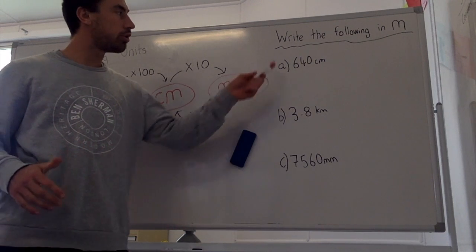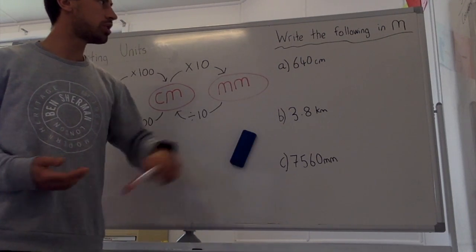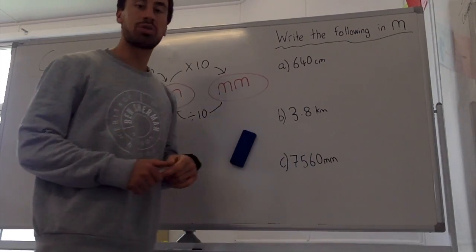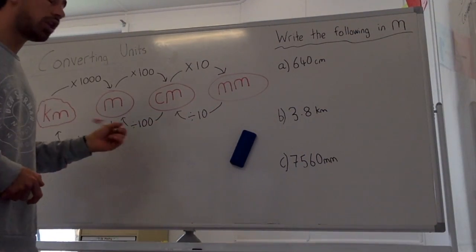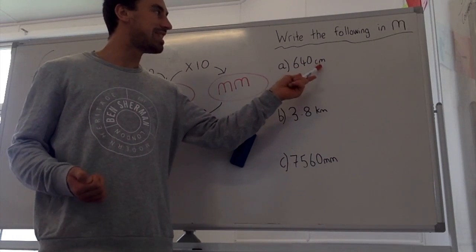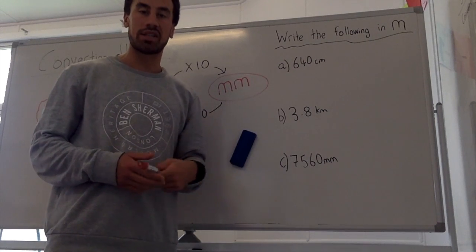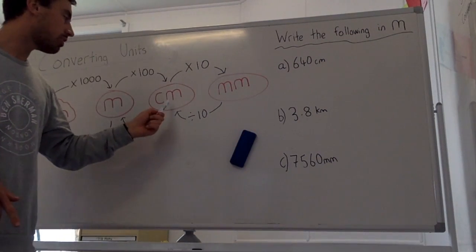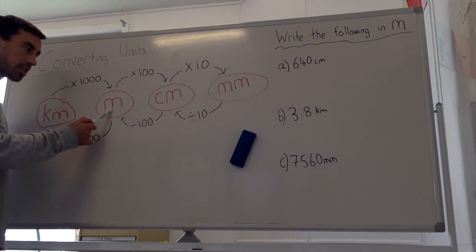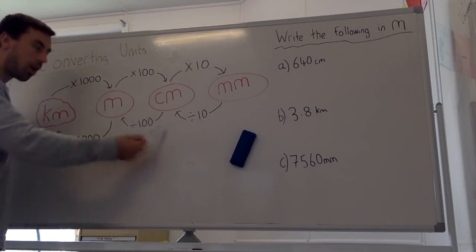Alrighty, we're going to go through 3 quick examples, and the question is, write the following in metres. So we're just going to practice our converting between units now. So 640 centimetres, what is that in metres? So we've got centimetres and we're looking at going to metres. So what we need to do is divide by 100.